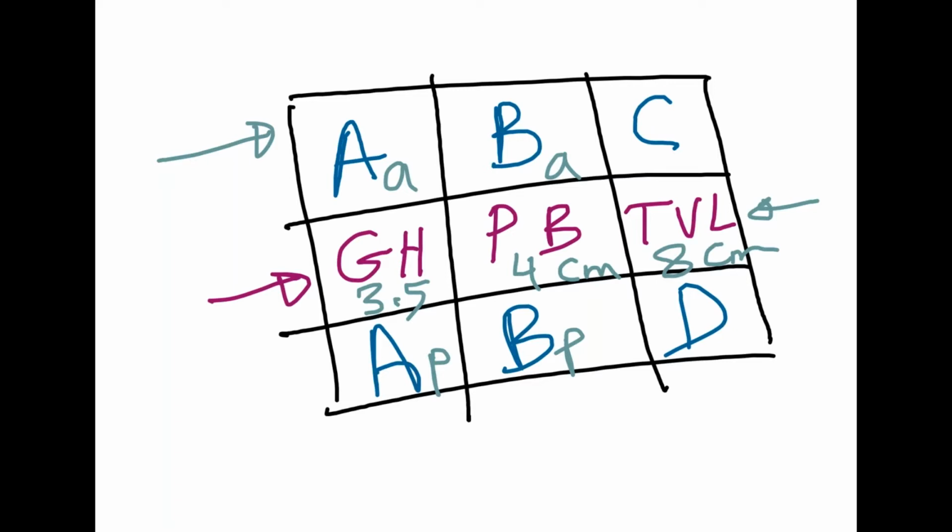That is on +1 level, and B anterior lies on, for example, 0 level, and point C is lying at 6 centimeter. Point A posterior is on -3, B posterior is on -3, and D is at 8 centimeter.